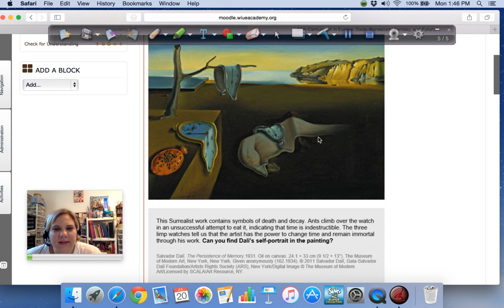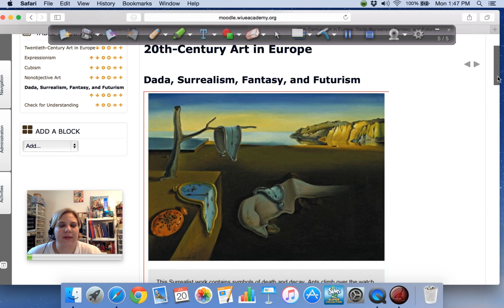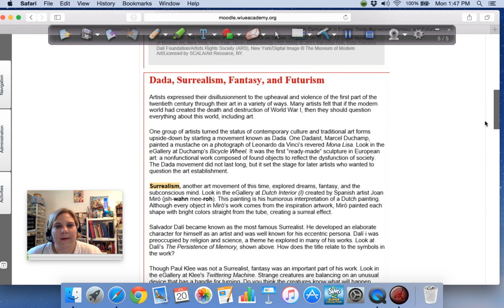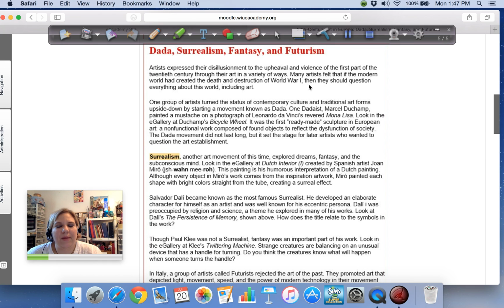But when you look at this, they say that Dali is saying he will survive through this artwork, that he can change time and survive. Like he can bend time and last, whereas maybe the rest of us are mortal. And maybe you think something a little bit different. That's fine. But artists were disillusioned. The wars changed.